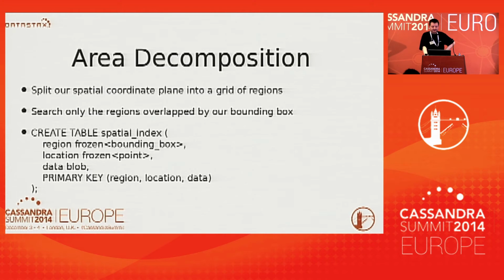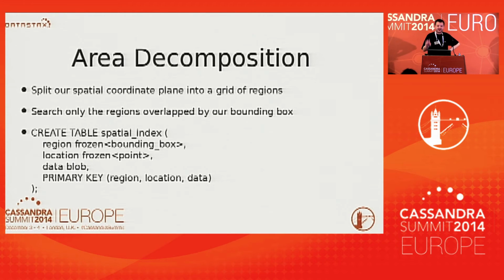So this allows us to take a vast number of points and map them down into a smaller, finite number of buckets or regions. So our index is going to look like region, that's the container for the events, the specific location, the point where they actually happened within that region, and then some bit of data. So if we're treating this as a completely index-organized table, the data will be a serialization of our entire event structure, but it could equally well just be a UUID key into another table.